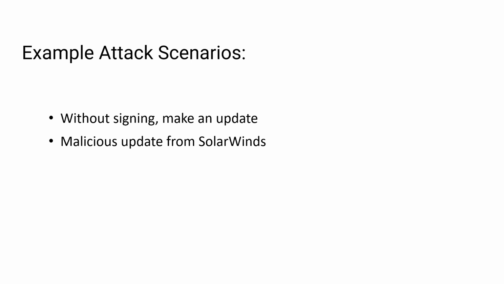The company that develops the software had secure build and update integrity processes, yet the attackers were able to distribute highly targeted malicious updates for several months, and more than 18,000 organizations were affected. This is one of the most far-reaching and significant breaches in history. This is known about the malicious update from SolarWinds. These are the examples of attack scenarios.